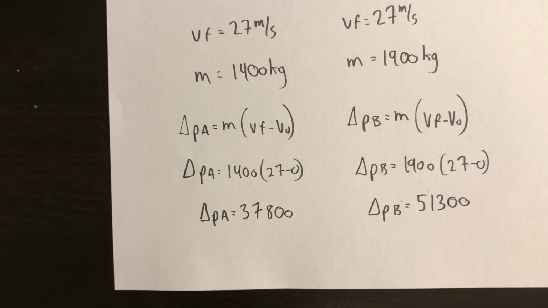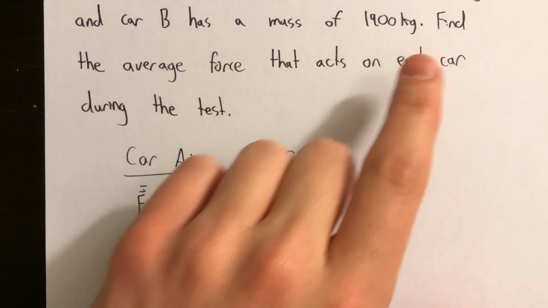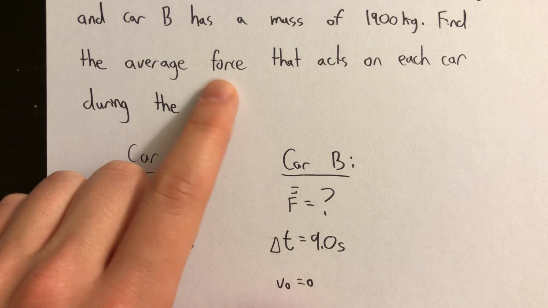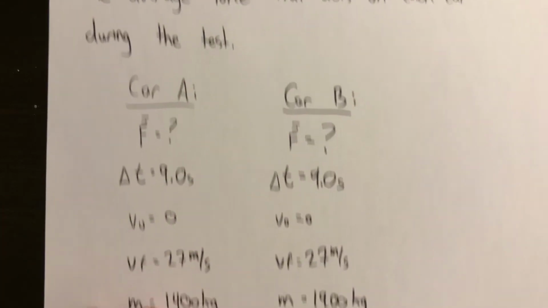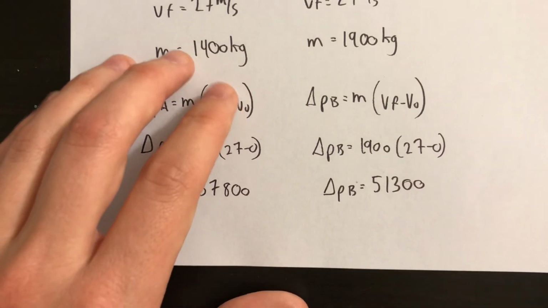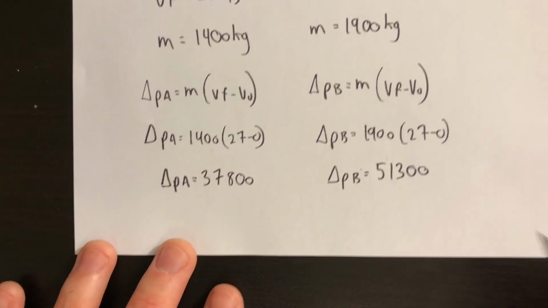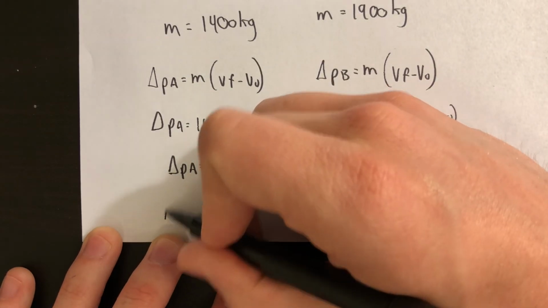And the unit for these is kilogram meter per second. I'm not gonna write down the unit because it's not my final answer. Remember what we're really looking for. The problem says, find the average force. And so that's what that equation that I talked about a moment ago was all about. Average force is in this equation.